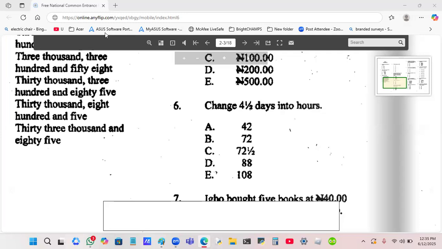But since we are finding 4 days and a half, we'll have to know what plus what, or what times 2, equals 24. And that's 12. Then you now do 96 plus 12, which is 108, and your answer is E. Okay.